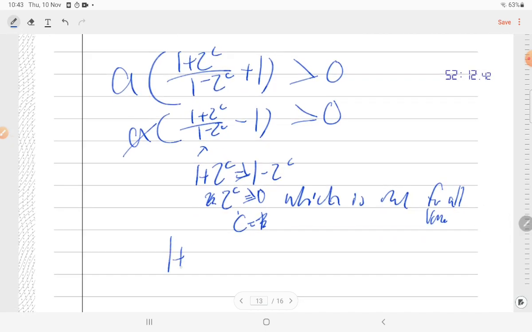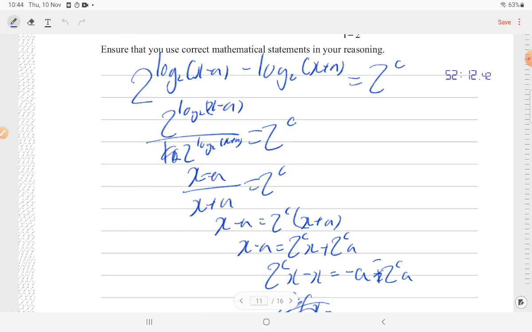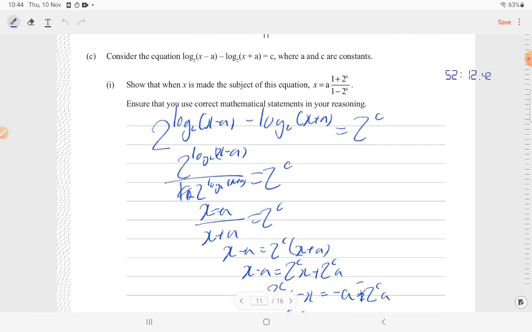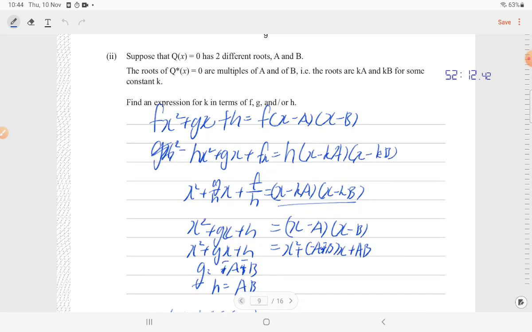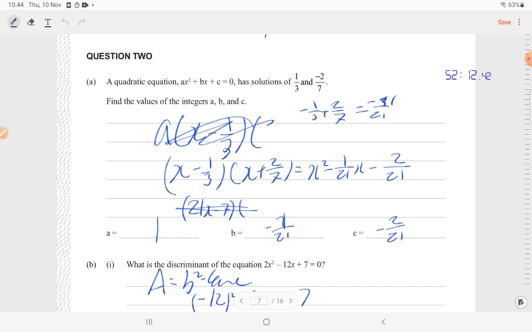Honestly, this algebra is really difficult. It is definitely way harder than last year's algebra. It was very evil.